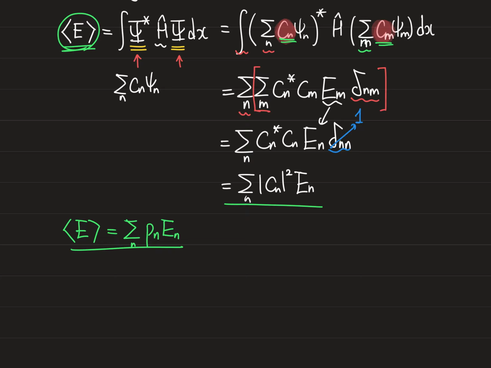That means the square of the coefficient's magnitude should be equal to the probability Pn. So that's why we say that the square magnitude of the coefficients can be interpreted as the probability.